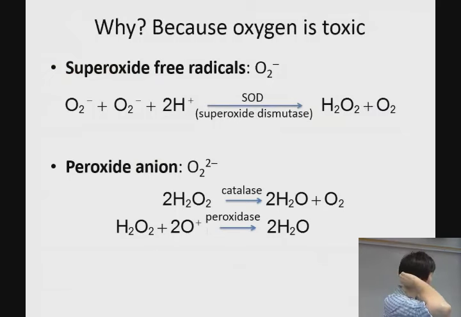Now, why are some organisms killed by oxygen? Because oxygen's toxic. So there's a couple of things that you can make. If your oxygen is at the bottom of the electron transport chain and you're throwing electrons onto it, you can make toxic, or we call them reactive oxygen species. So if you stick an electron on oxygen, it actually makes a free radical. Have you heard of free radicals? Anyone?